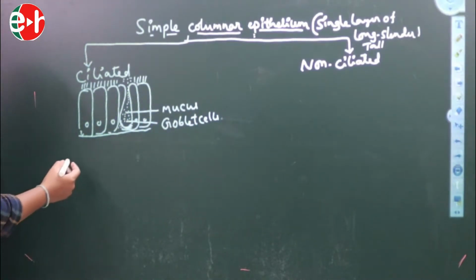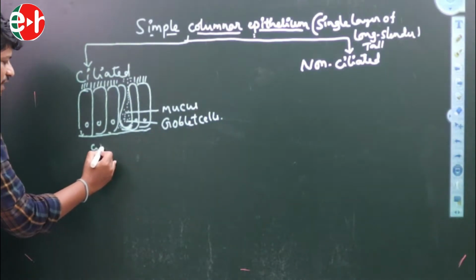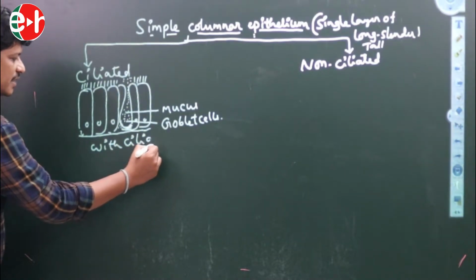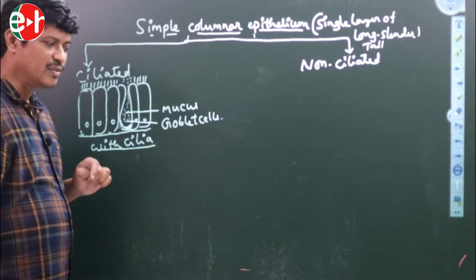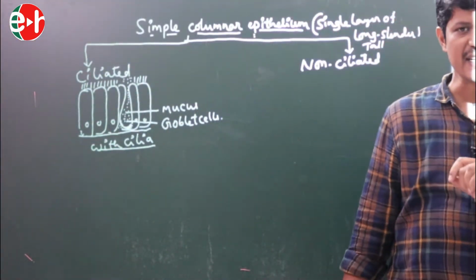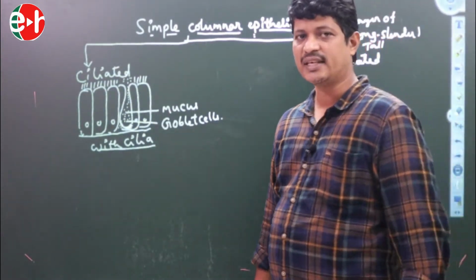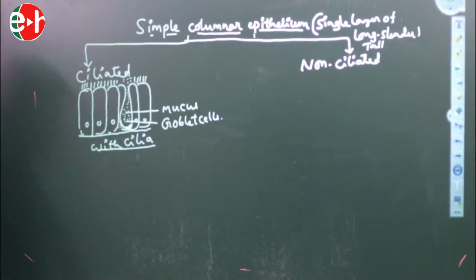So in the ciliated epithelium, in some regions, goblet cells are present that secrete mucus. That is ciliated columnar epithelium.